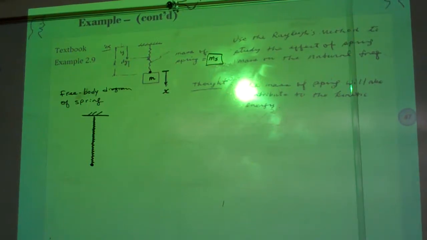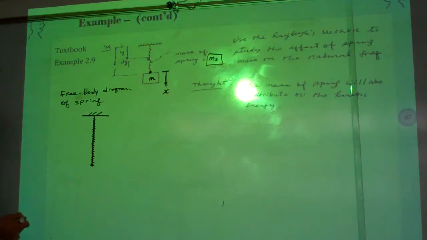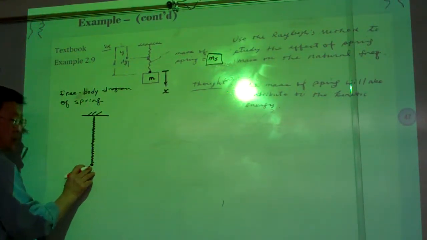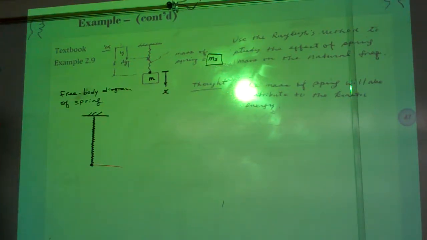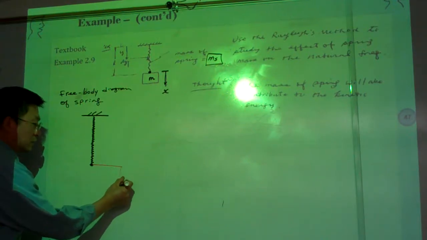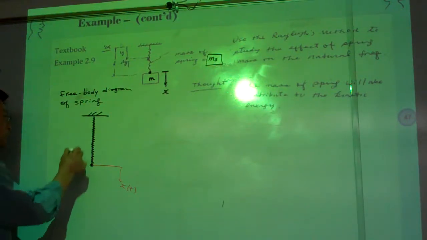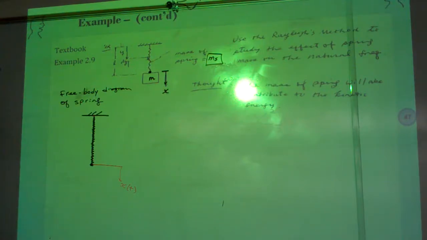Right now in our definition, we define the degree of freedom x as the end of the spring, so the end of the spring has displacement x of t. And we're assuming the spring is a uniformly distributed mass system, so on the top here, the mass point of the spring doesn't move.